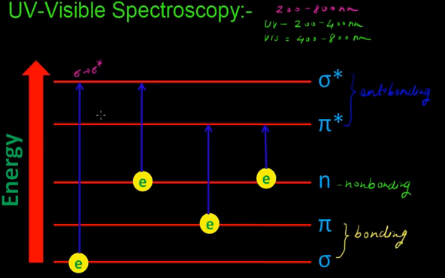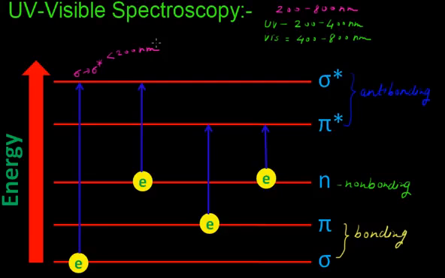In the case of the sigma to sigma star transition, the energy required is higher because the sigma bond is a strong bond and is tightly held with the other atoms. That's why it requires higher energy. Such high energy transitions absorb below 200 nanometers.